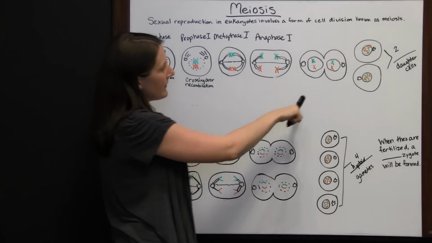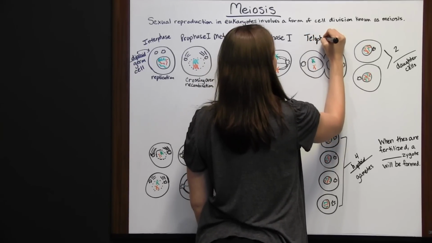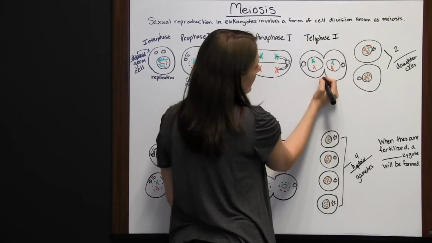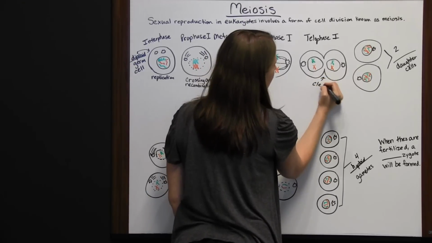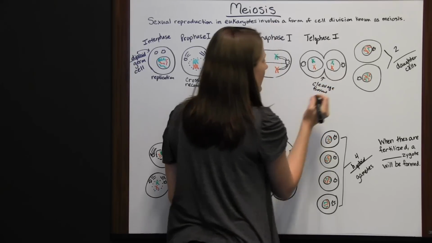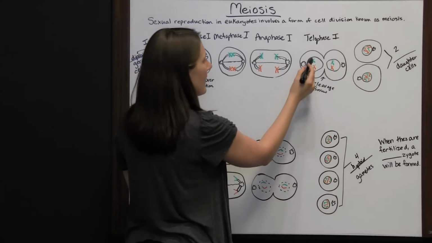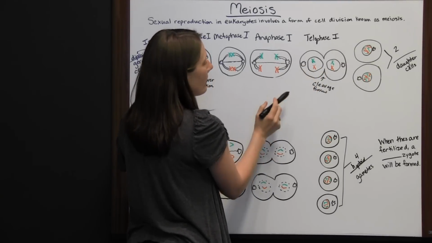Then we keep going, and we've got telophase 1. In telophase 1, there's the cleavage furrow that's preparing for the cells to separate and become 2 distinct separate cells. There is a nucleus being reformed.